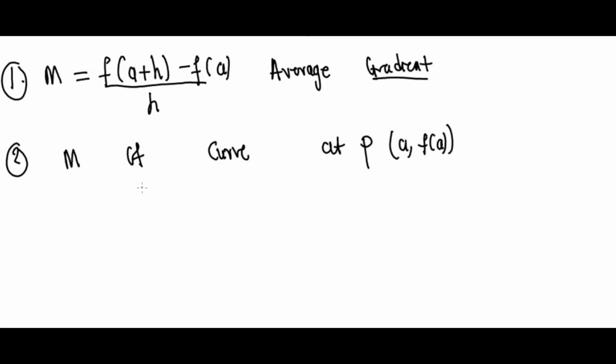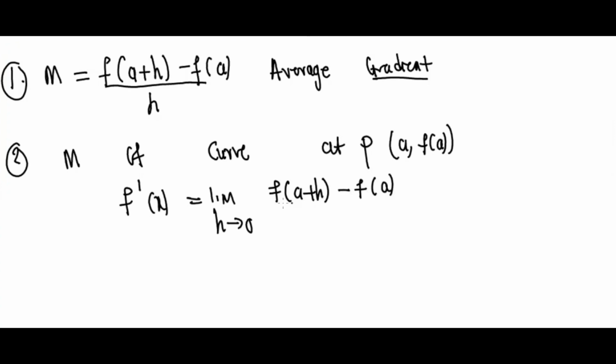So the gradient of a curve will be given by f prime of x, which is equal to the limit as h approaches 0 of f of a plus h minus f of a, divided by h.